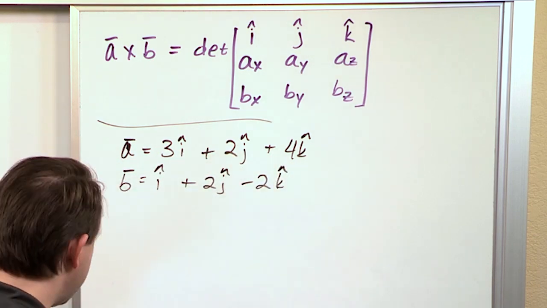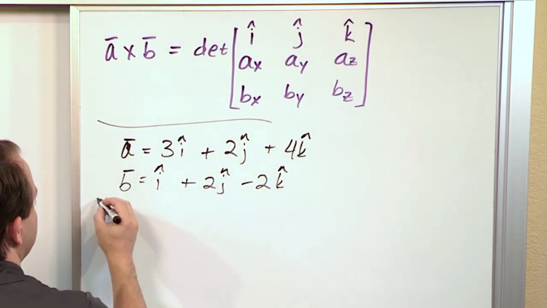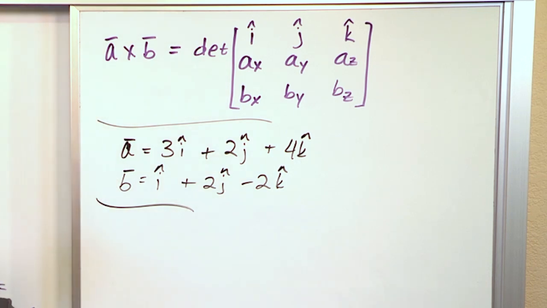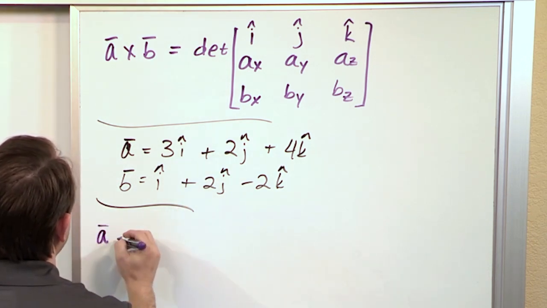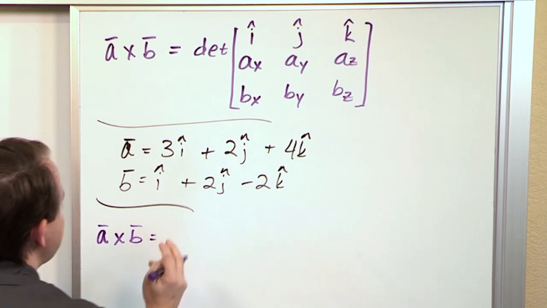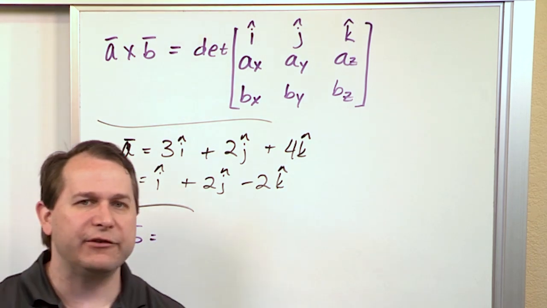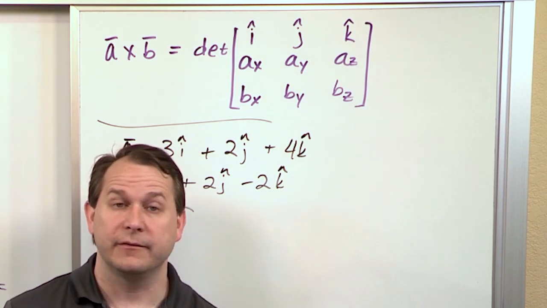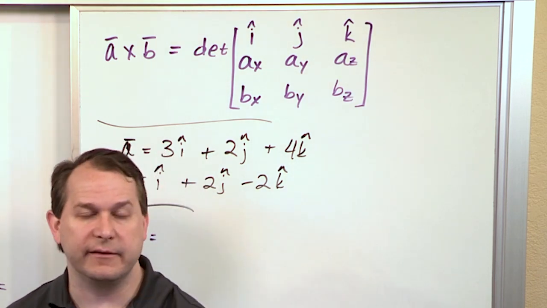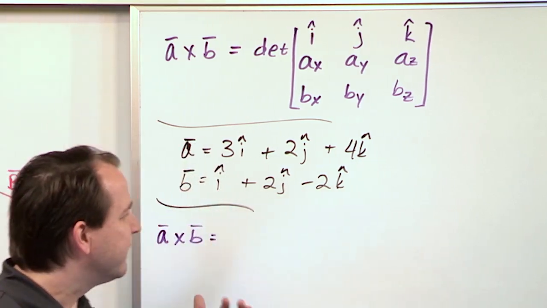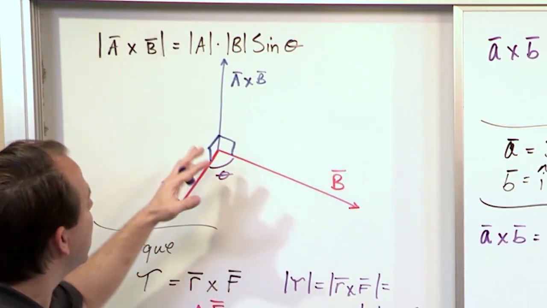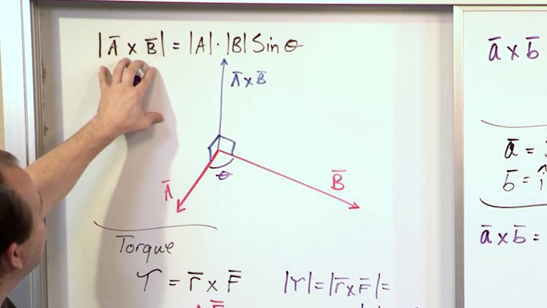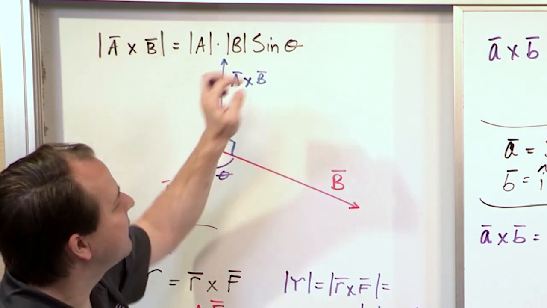And I ask you, let me switch colors, find A cross B. When I find A cross B, I don't want just the magnitude, and I don't want just the direction. I want the actual vector: the x component, the y component, and the z component. Because what you typically learn in Physics 1 is that the magnitude of the cross product is mag A, mag B times the sine of the angle.